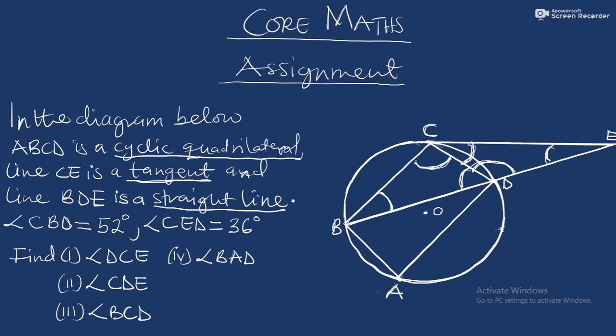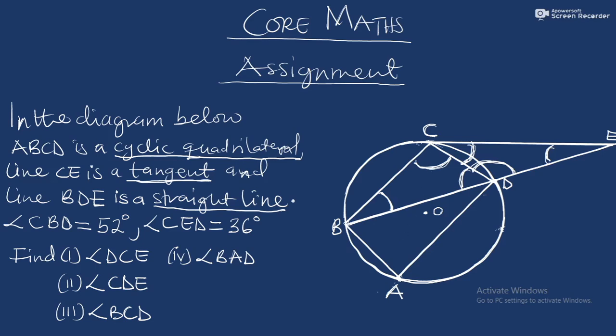And what did we learn about cyclic quadrilaterals? Do you remember? Okay, so we're told that in a cyclic quadrilateral, opposite angles are supplementary, meaning they add up to 180 degrees.